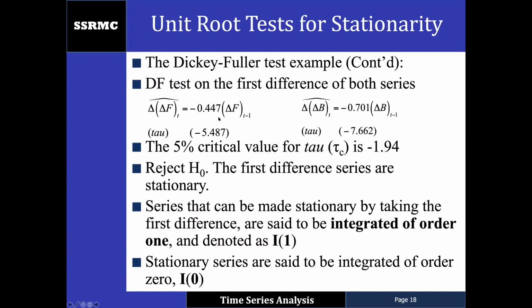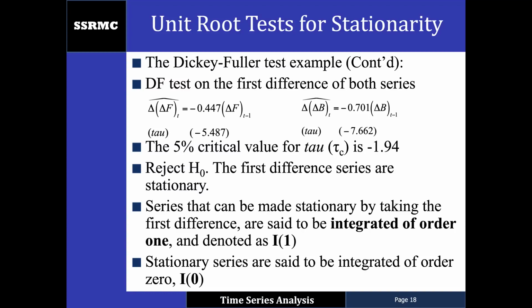So it's just the variable itself. And the absolute value of the test statistics is much larger than the absolute value of the critical value. Both of them are obviously in the rejection region. So we reject H null and we conclude that the first difference series are stationary.